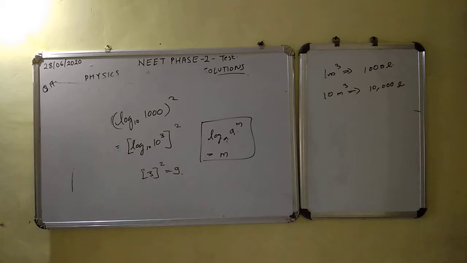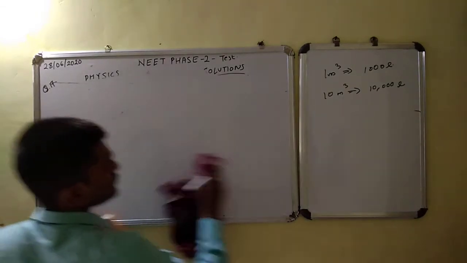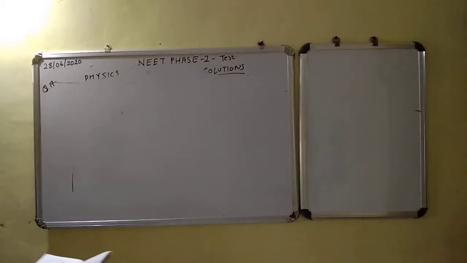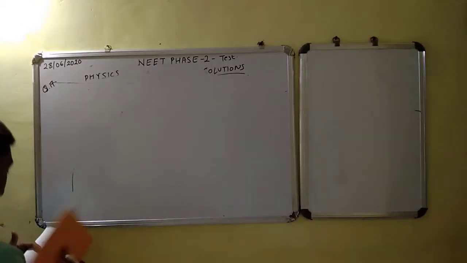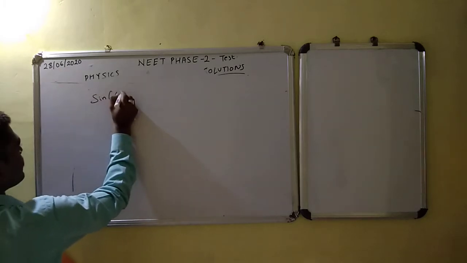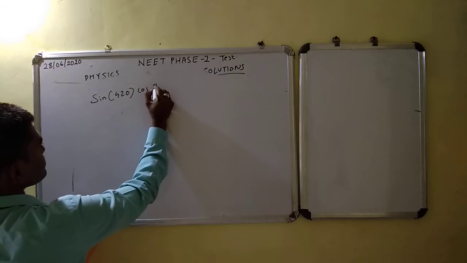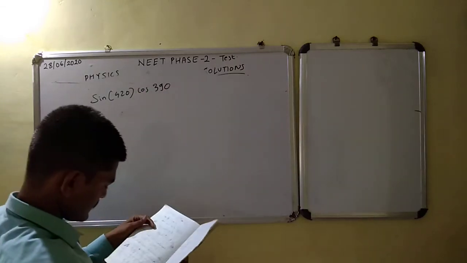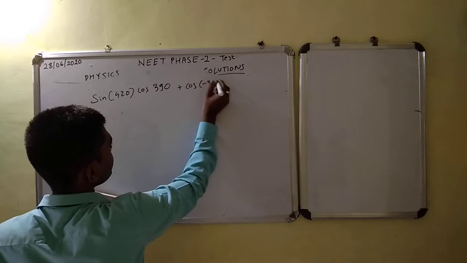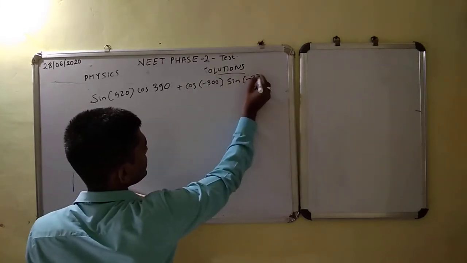Next question is trigonometric ratio. See, what is the next question? Sin 420 into cos 390 plus cos of minus 300 into sin of minus 330.